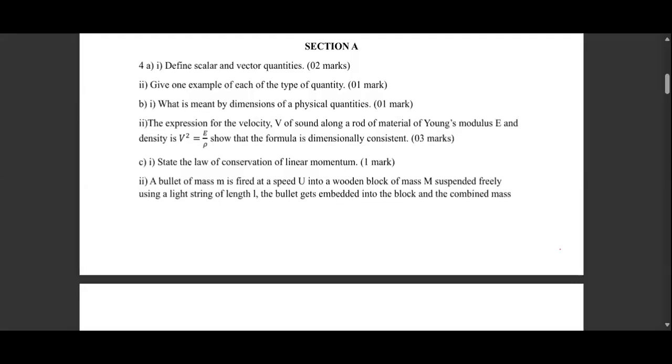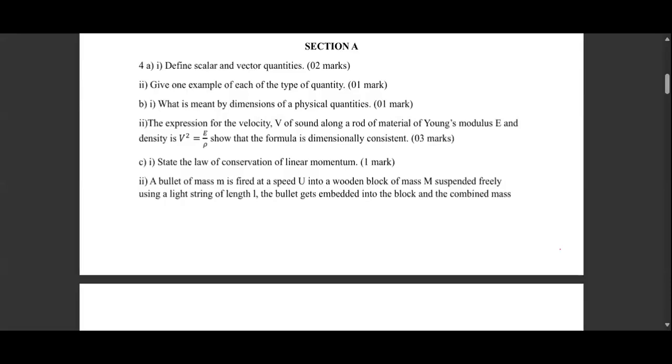Roman numeral 2 of part B, we have a question. The expression for the velocity v of sound along a rod of material of Young's modulus E and density rho is given by v squared is equal to E divided by rho, whereby E is standing in for Young's modulus and rho is standing in for density.